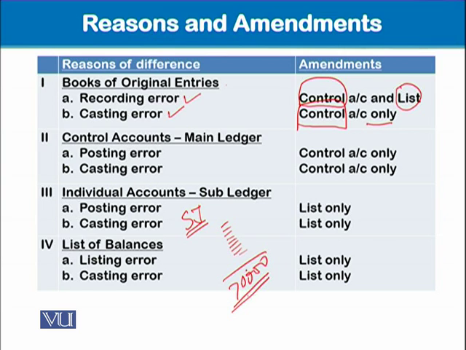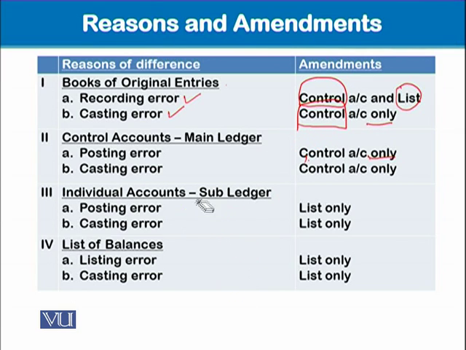But while posting in the control account, we put 72,000. So this error has no concern with the list, because individuals are correct and individuals have been posted into the list correctly. The error is only that from the books of original entry, while posting, we committed this error. Therefore, only the control account will be amended with this issue.